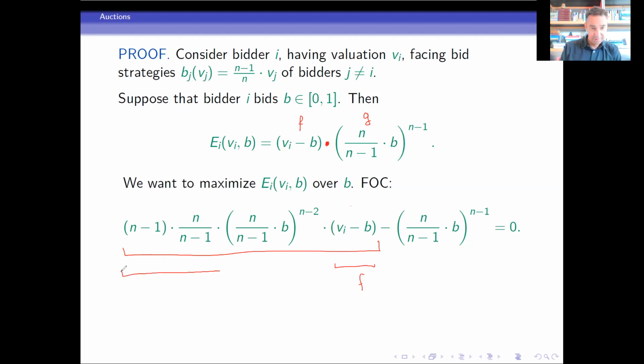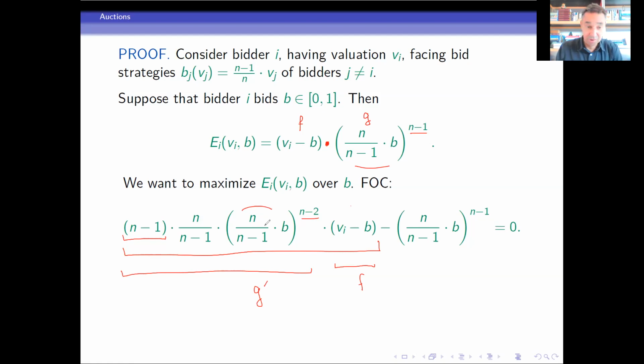And this is the derivative of g. And so g is, well, something to the power n minus 1. So that is n minus 1 times that something over here to the power n minus 2, 1 less than n minus 1, times the derivative of what is between the brackets.